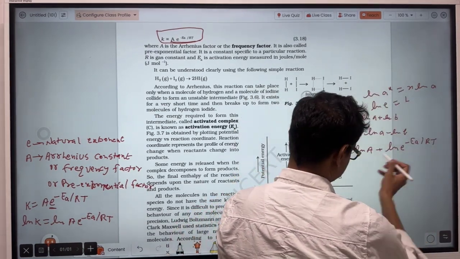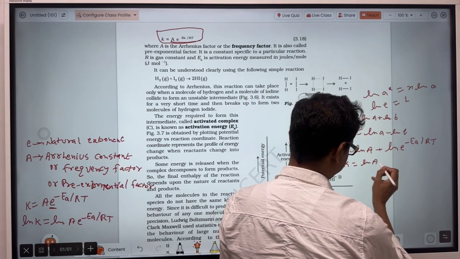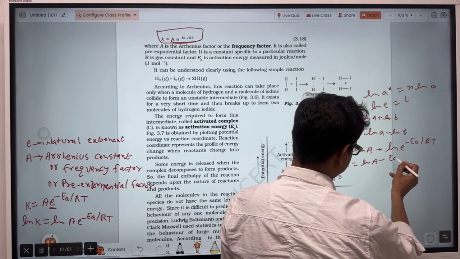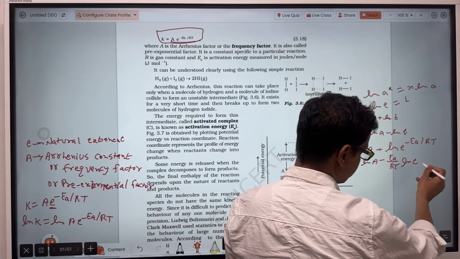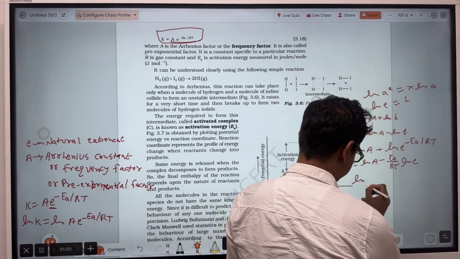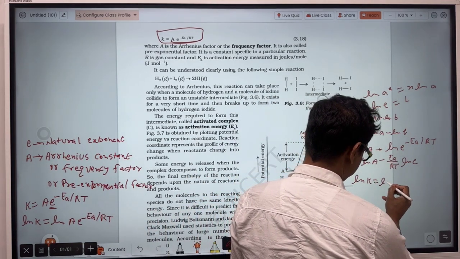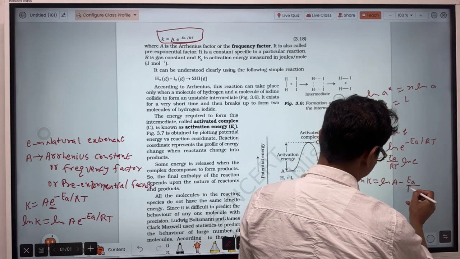So we can write log K equal to log A minus Ea upon RT.